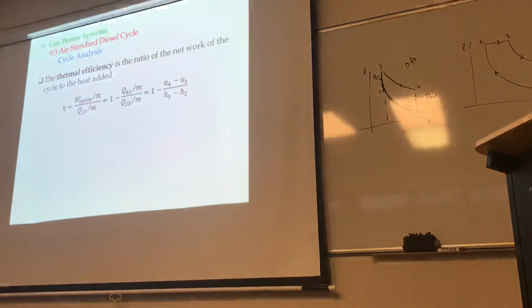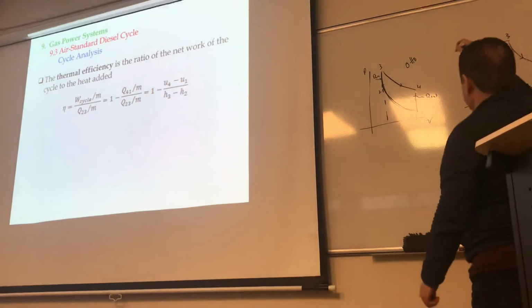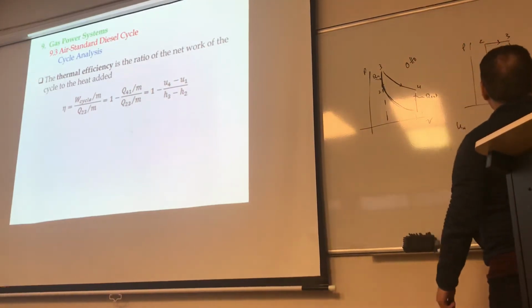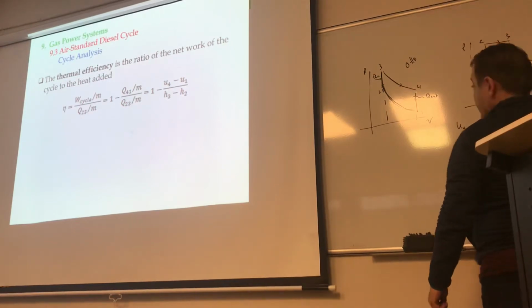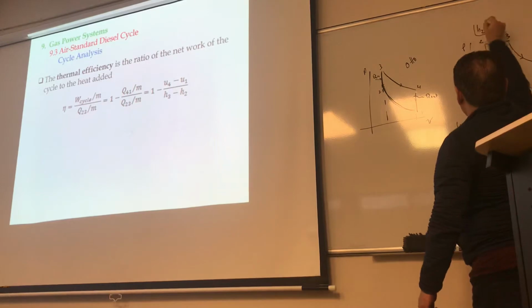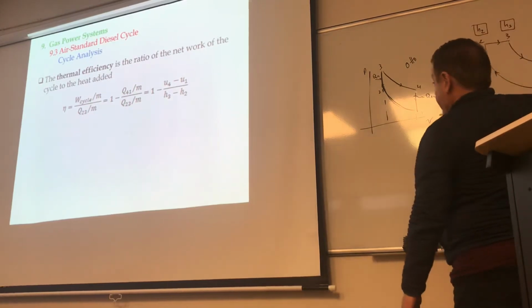So the equation then, for a diesel cycle, is really to find what U4 is, and then you need to find what H2 is, what H3 is, right? And then U1.